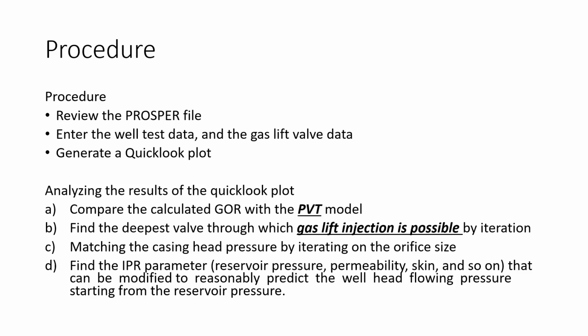So these are the results. We are going to analyze these results, and then we will have 4 important steps for our case. First, focus on our PVT to see whether the gas lift injection is possible, and then we are going to see the match for our casing.